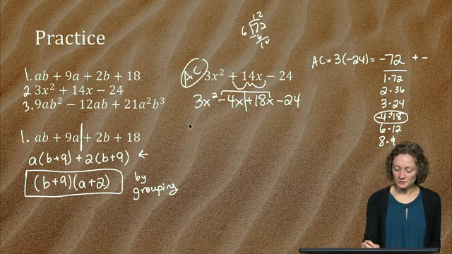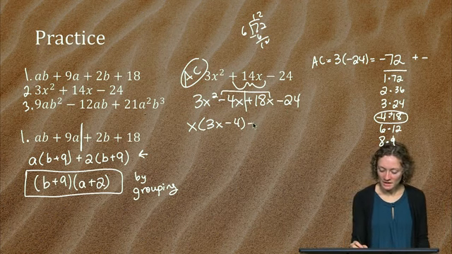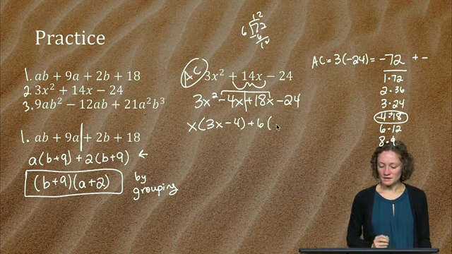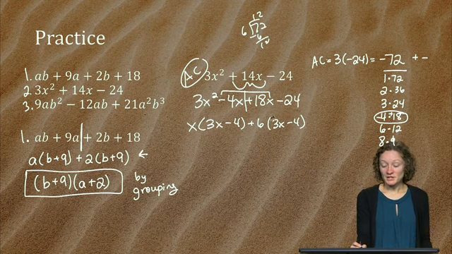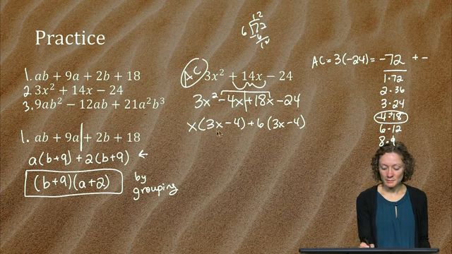use by grouping. The first two have an x in common, 3x minus 4. The last two have a positive 6 in common, leaving you a 3x minus 4. If you only recognize 2 or 3, and that's what you took out, they do have that in common, but it needs to be the greatest common factor. Because remember, these parentheses need to be the same, otherwise the whole method falls apart.